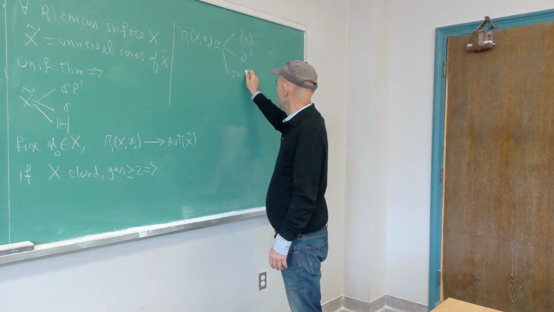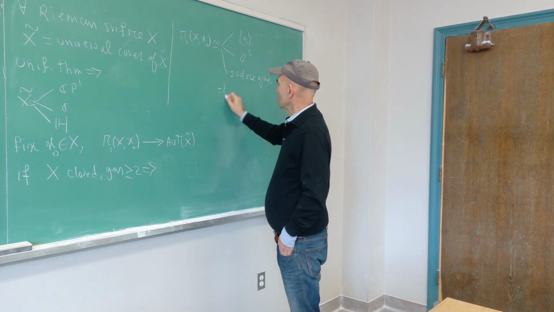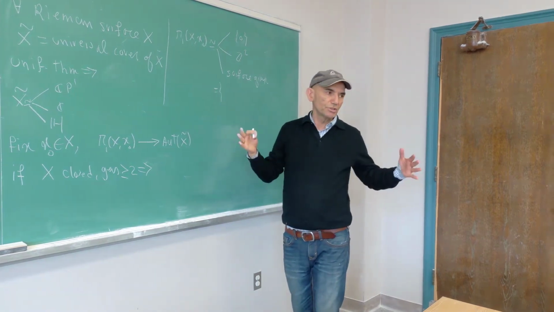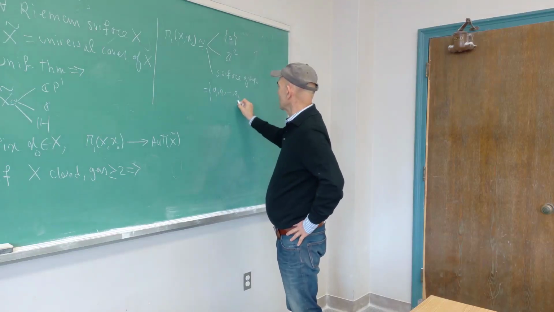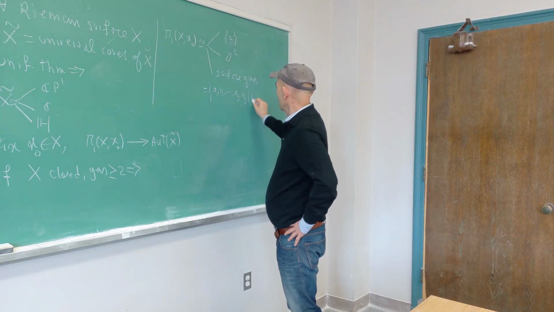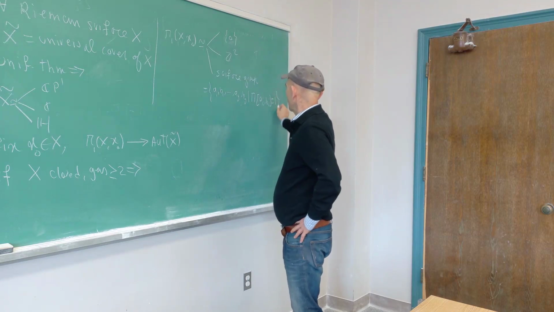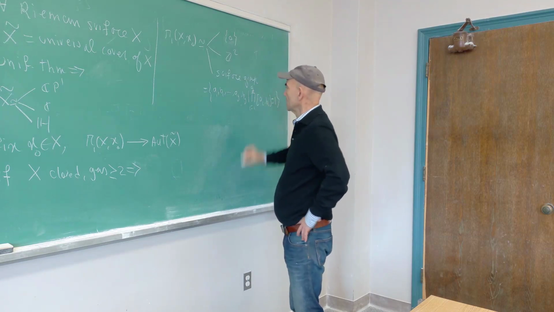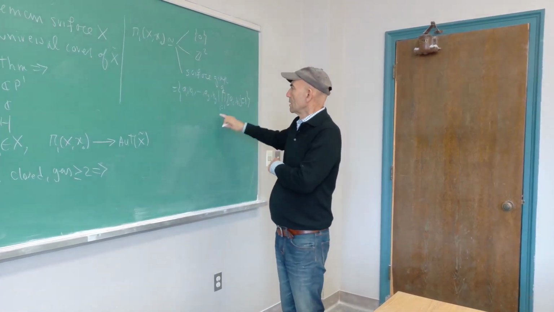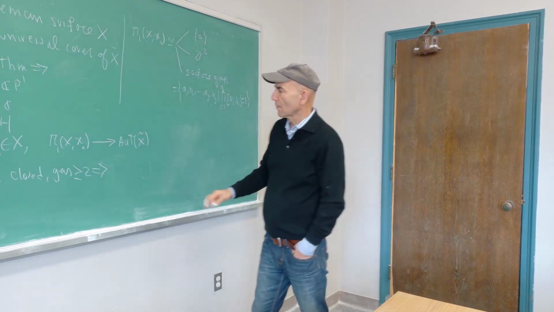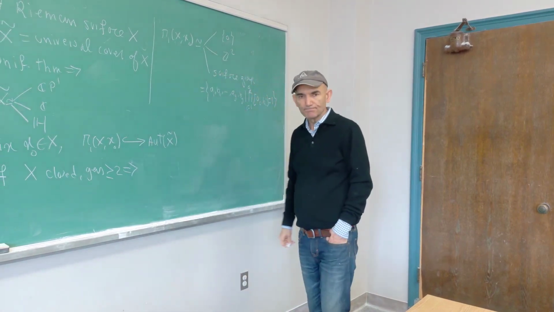So it's a surface group, which is the group generated by 2g generators, a1, b1, ..., ag, bg, such that the product of commutators of ai, bi, i from 1 to g, is equal to 1, right? And in fact, there is an embedding here, goes to this.